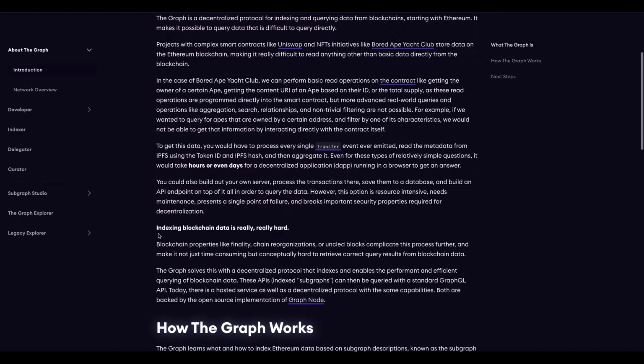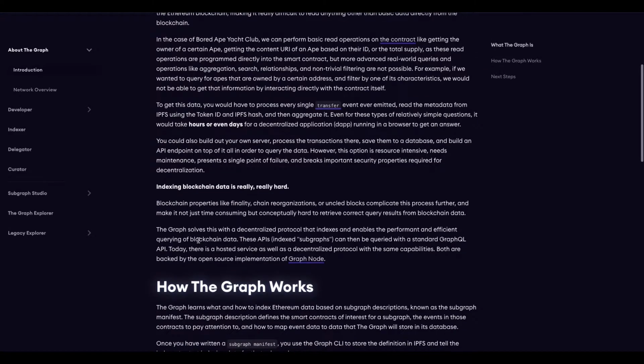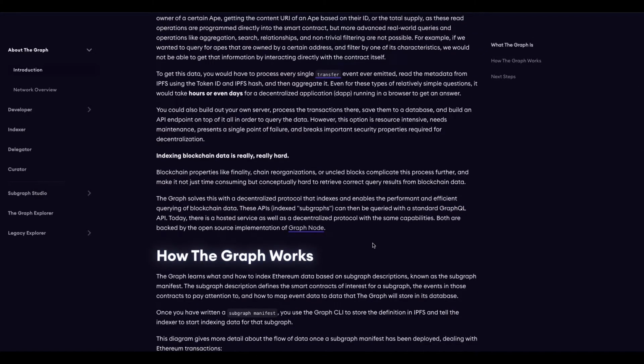Indexing blockchain data is super hard, and that's basically what The Graph tries to solve. With The Graph, you can make APIs called subgraphs that query with standard GraphQL. GraphQL is another application that is used.